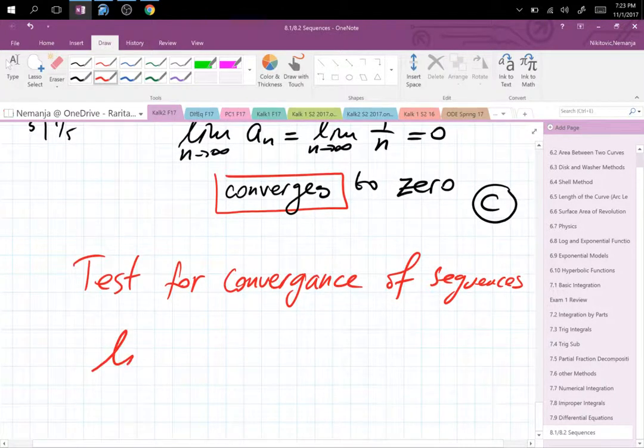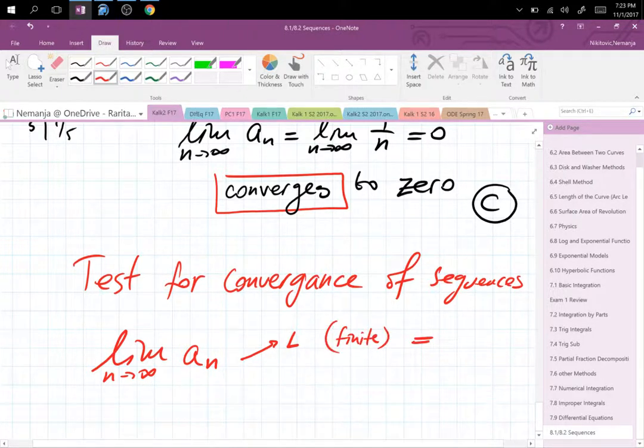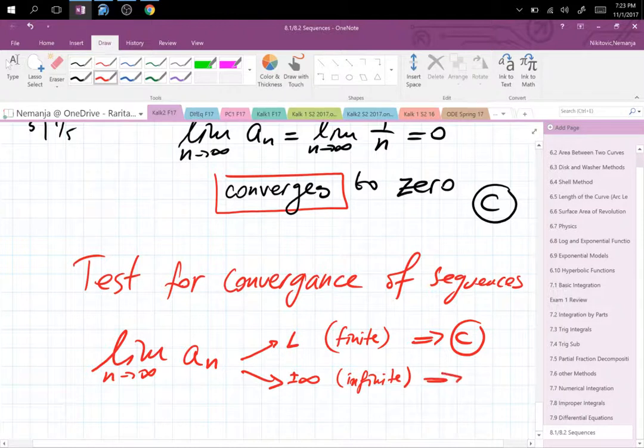And it simply says the limit of a_n as n goes to infinity is either L, which means finite, which gives us convergence, or is infinity, infinite, which gives us divergence.